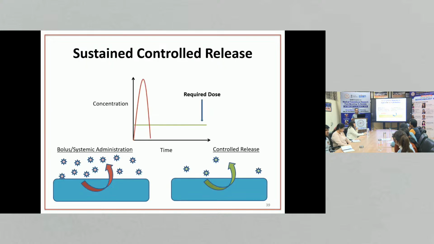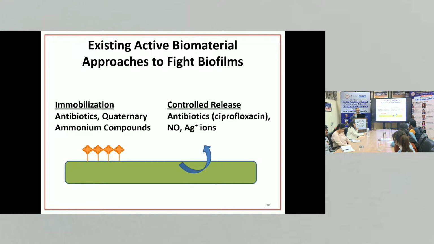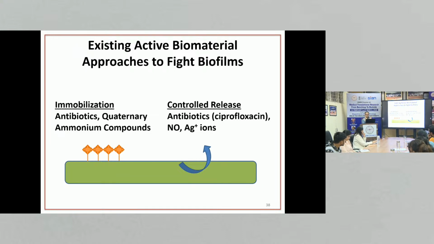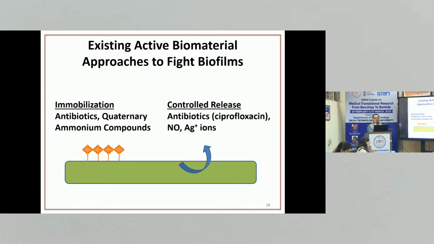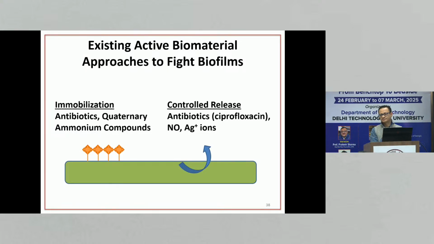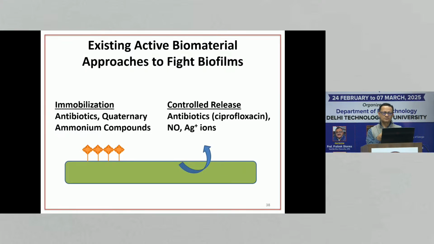Because a lot of times, let's say you put in 100% of the drug, whether silver ions or nitric oxide or antibiotic, only 30% is coming out, 20% is getting released, and the rest stays inside, or it's getting released really fast. You need only 1 unit to come every day, that's enough, but 10 units are coming on day 1, 20 units on day 2.